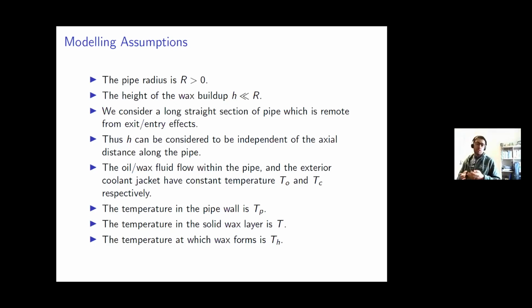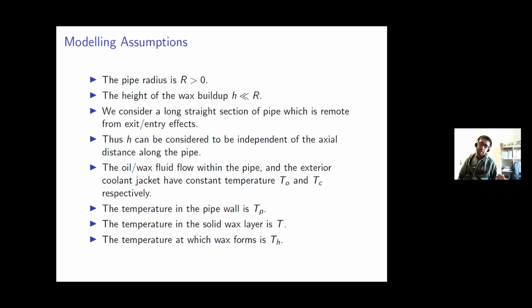Now, some important fundamental points about these temperatures. For the phenomena we're discussing to occur at all, we need the temperature in the oil wax mixture to be above TH, the solidification temperature for the wax. Otherwise, the wax will be solid.